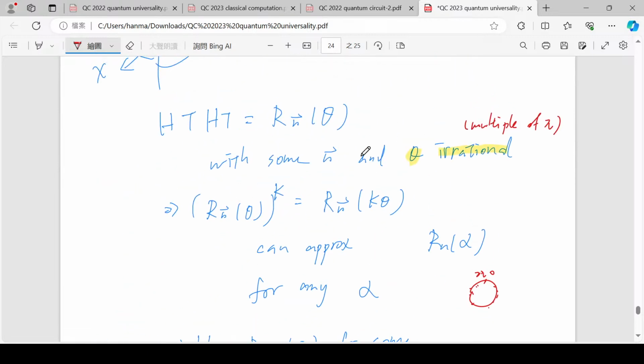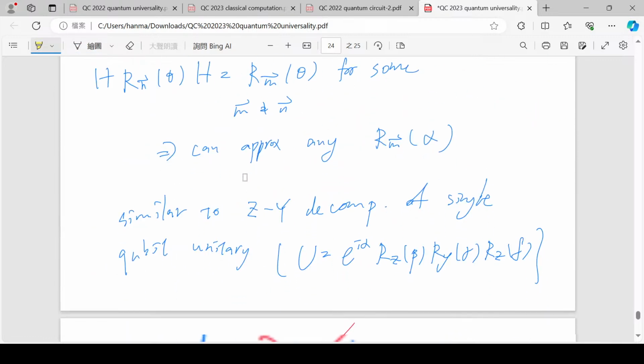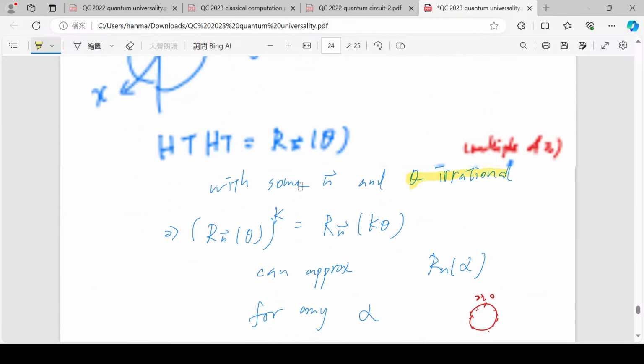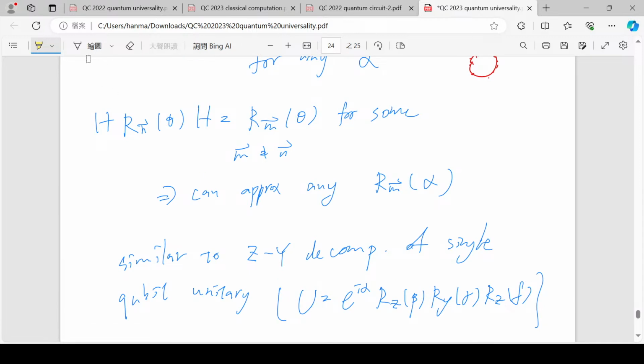Sorry, I said this wrong. n is not really irrational; n is just the direction. Here we just have theta irrational. And so TH is another direction, with basically a sin theta. But once again, theta is irrational, so you can approximate any rotation around this other axis.